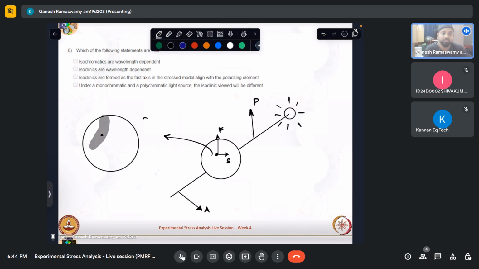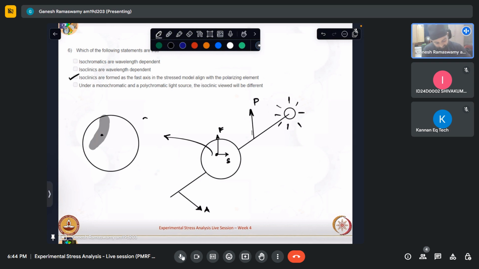So this is correct. Isoclinics are formed when the fast axis of the stressed model aligns with the polarizing element. Another way to phrase this is that slow axis is aligned with the polarizing element. And we know that the maximum and minimum principal stress directions, they are mutually perpendicular.